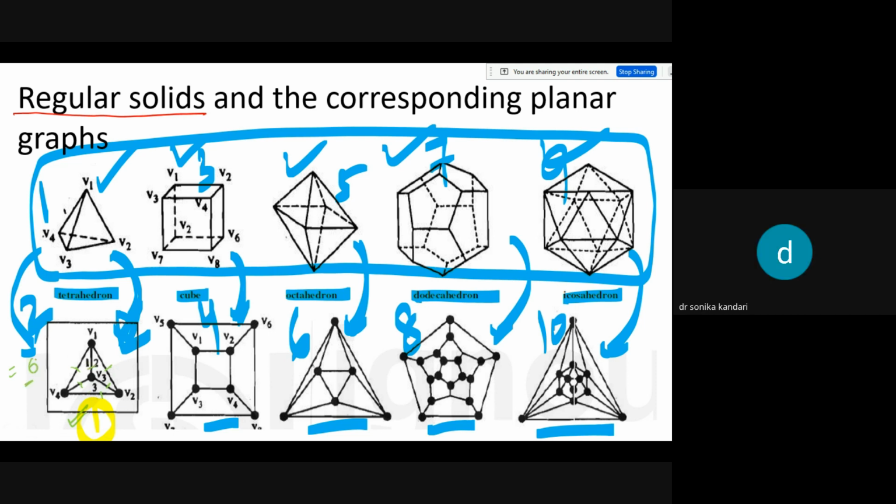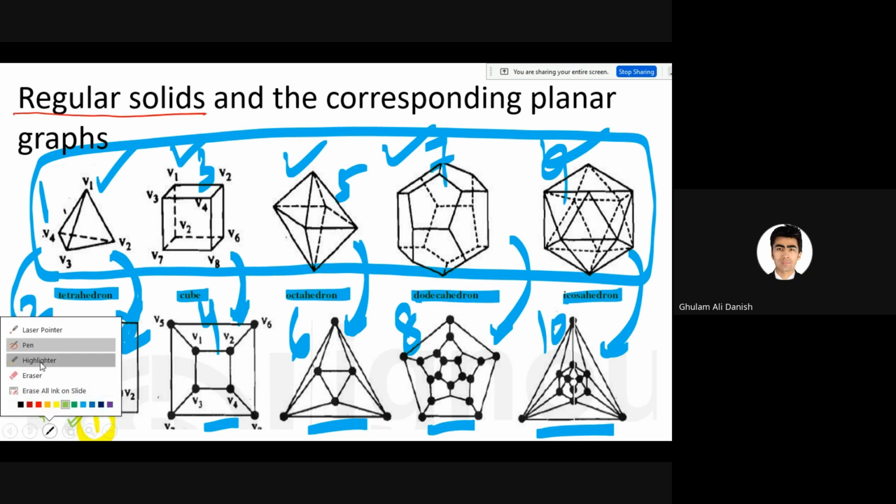Six edges are there. How many vertices are there? 4 vertices are there. Plus 2. So it turns out to be 6 minus 4 plus 2, which is 4. Fine. So there are 4 regions. Can you show 4 regions?